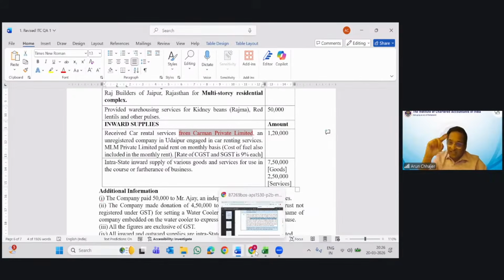If the supplier is the body corporate, no RCM. Renting of the motor vehicle will not fall under RCM category. So in this case, there will be no tax at all.